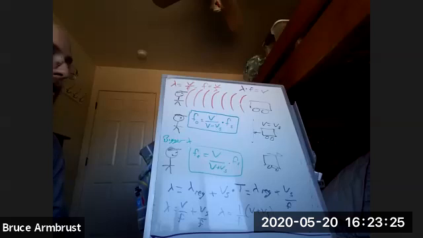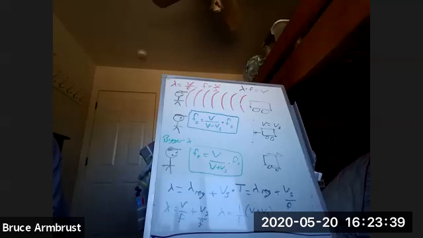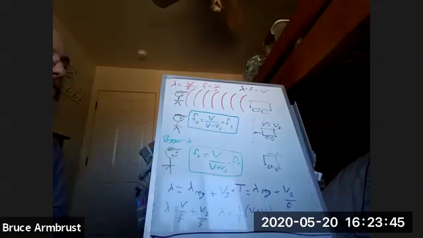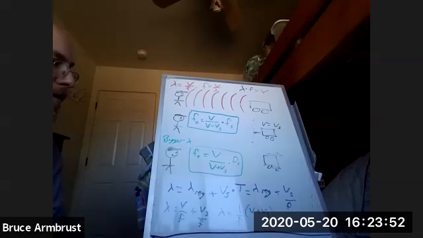One's plus and one's minus. Well, if we went with the going away from us as plus, the coming towards us would be a negative Vs, right? And look at what happens to this formula if it's V minus negative Vs. It actually looks exactly the same. So we don't really need to break them down into two different cases.